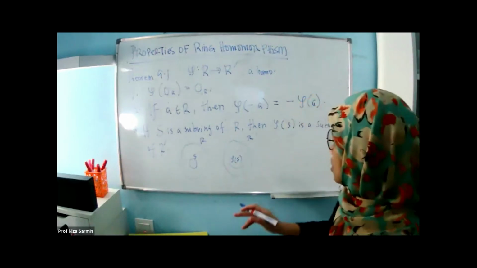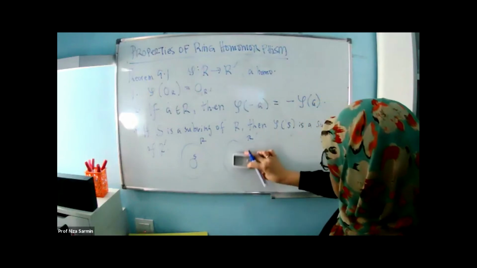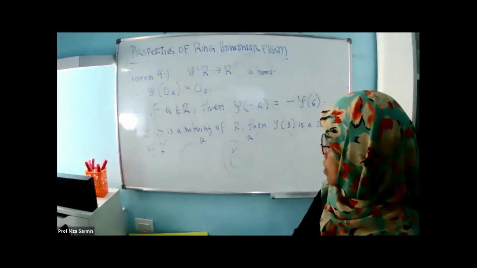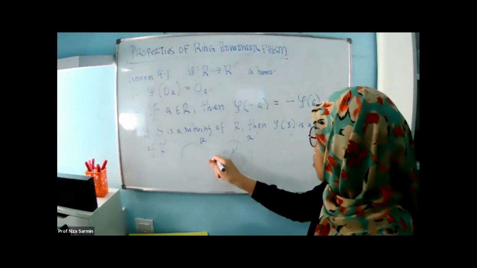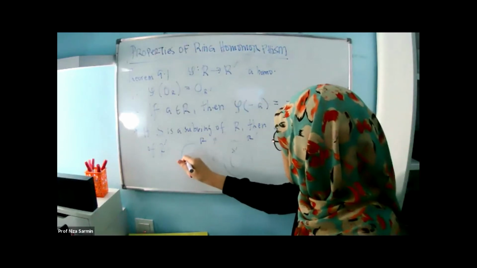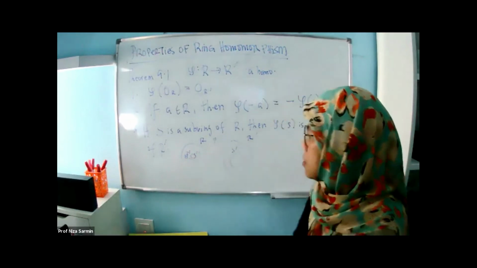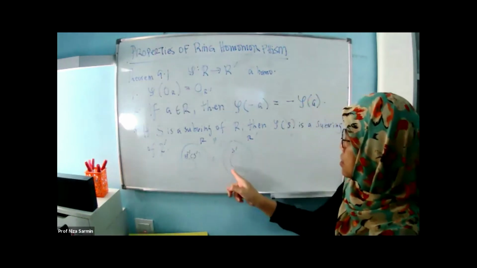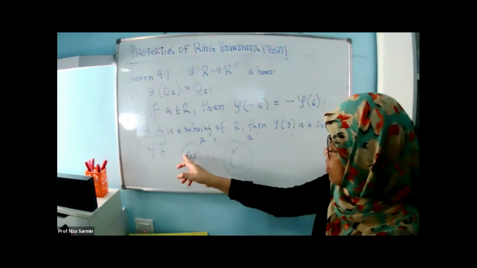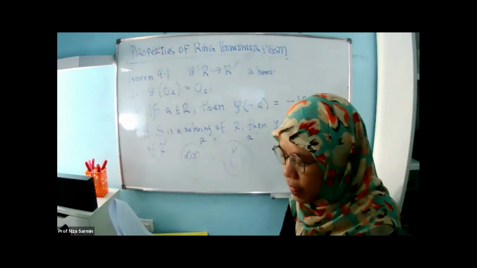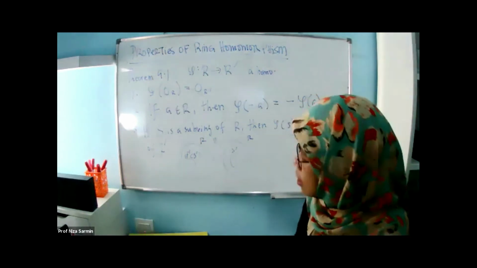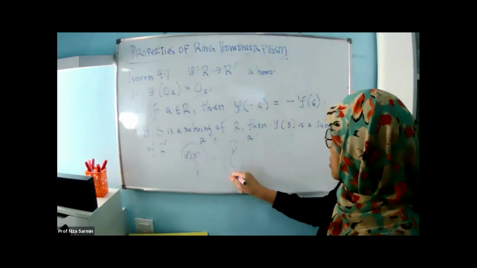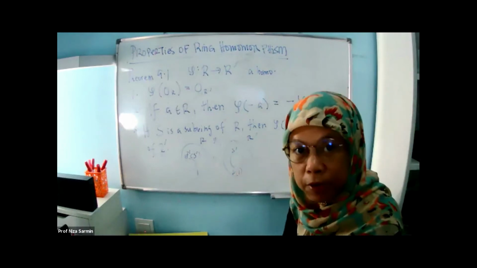Now the other way around, if S' is a subring in R', then going back, the inverse image of S' is a subring in R. Then the last one is, if R has a unity 1, then phi of 1 is a unity in R'.